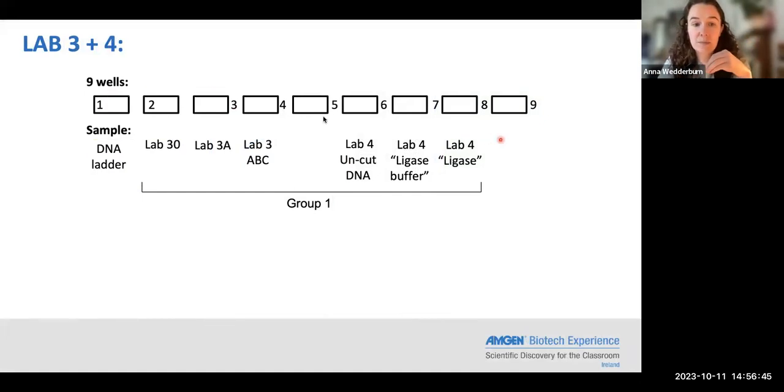But if you want, I know that one teacher gets half of the class to do lab 3 and the other half to do lab 4, and then gets them to come together as one group. So for that one group, you get the DNA ladder, the half that are doing lab 3 running it there, and the half that are doing lab 4 running it there. So you can mix and match however you want.